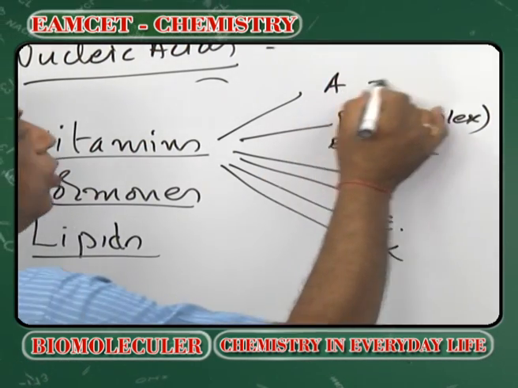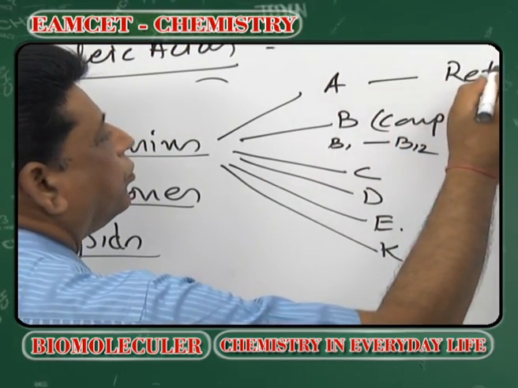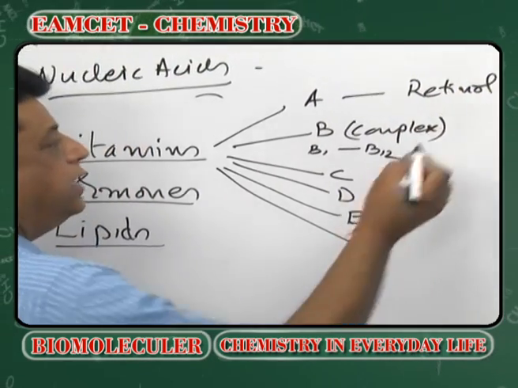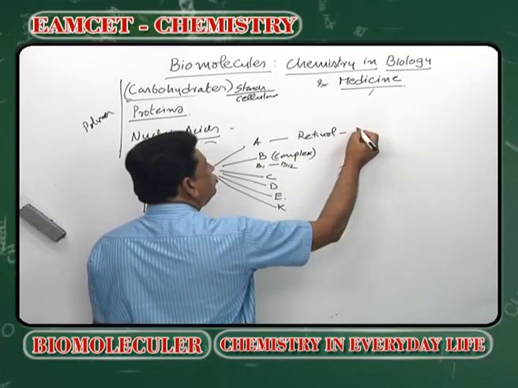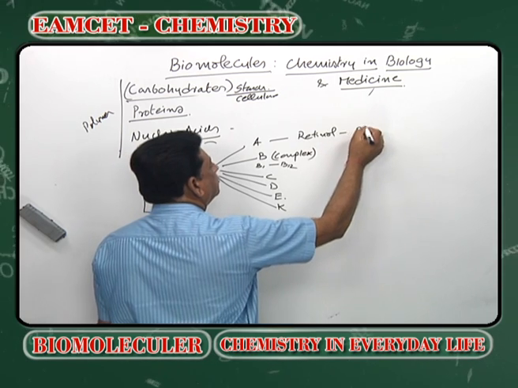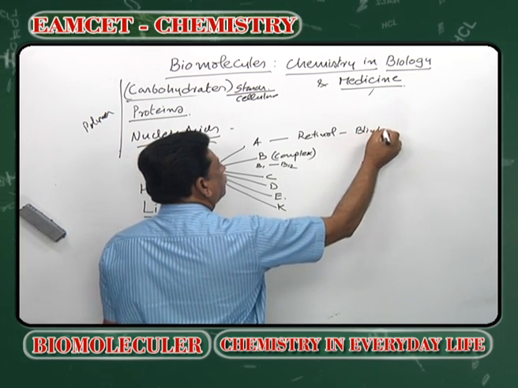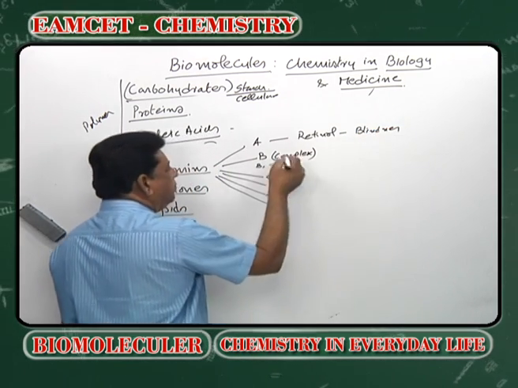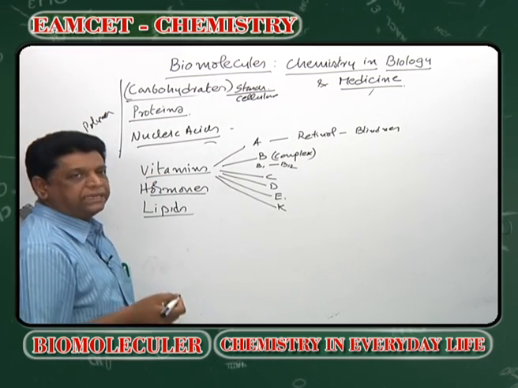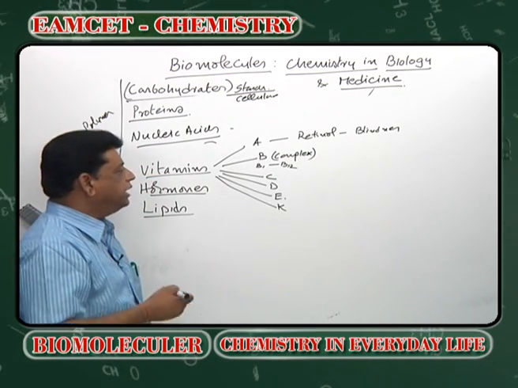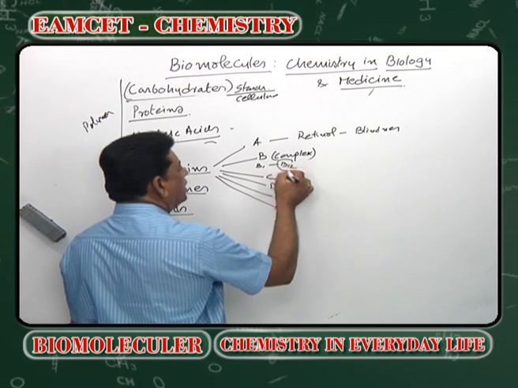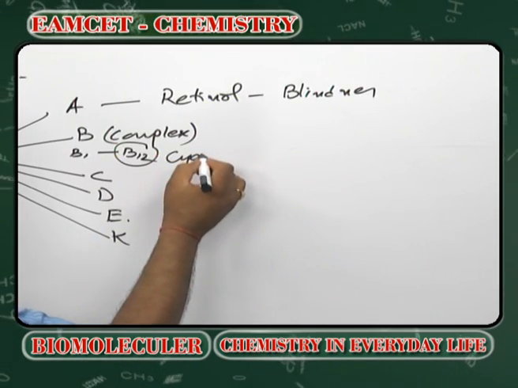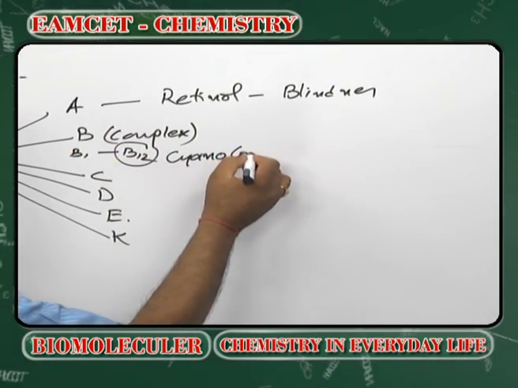A is also known as retinol. Its deficiency leads to blindness. We have the B complex, B1, B6 and so on: thiamine, pyridoxine and so on. Vitamin B12 is called cyanocobalamin.